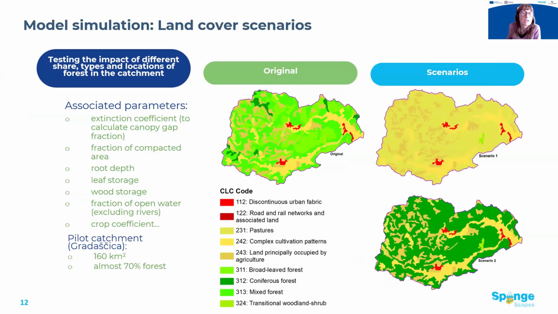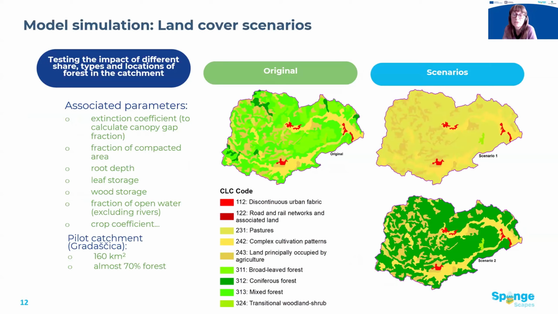And I would just like to say some words about our plan for model simulations. We will focus on land cover scenarios. Since our catchment is very forested, we have almost 70% of forest. We will test the impact of different share types and location of forest in the catchment.